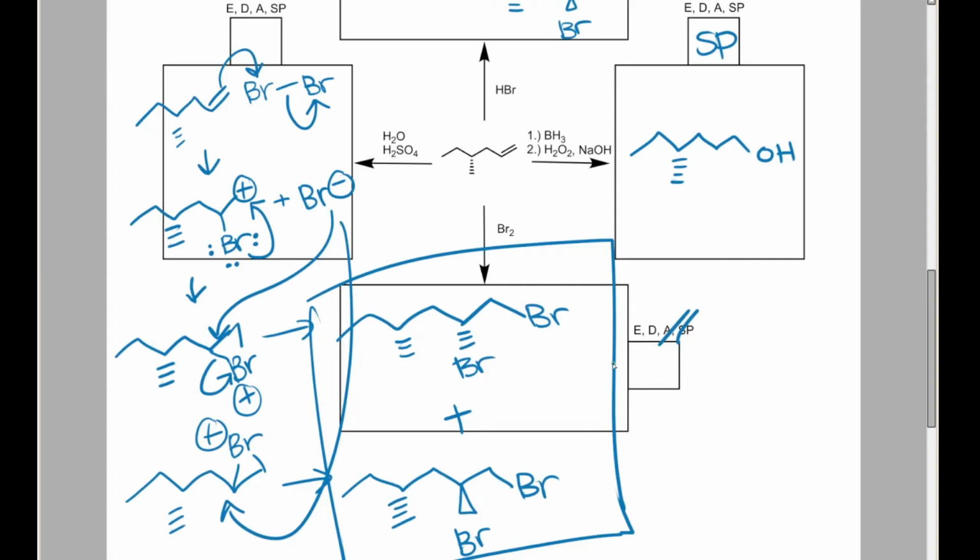It is not an enantiomer because this methyl group on the left side is not participating in the reaction, just like it wasn't participating in the previous 2 reactions we looked at. So it's going to stay dashed and not change. So what we're left with is that these are diastereomers.